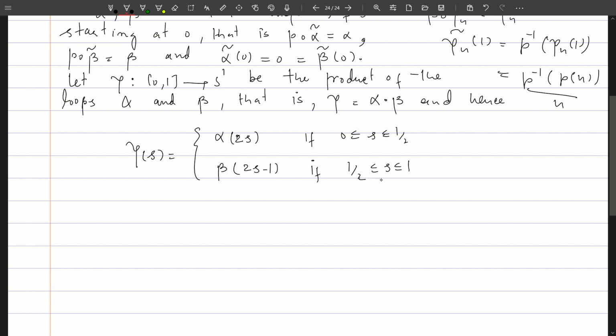So we have this gamma, a loop in S1. This is based at point B as well. Then by the path lifting property, this gamma again has a lift. So let gamma tilde from [0,1] to R be the unique lift of gamma starting at 0.